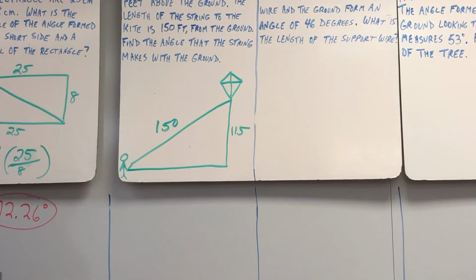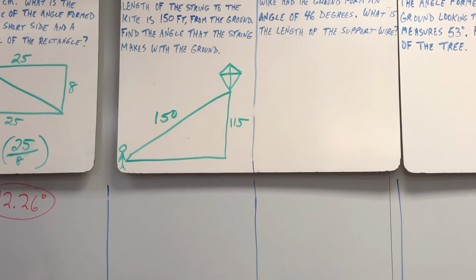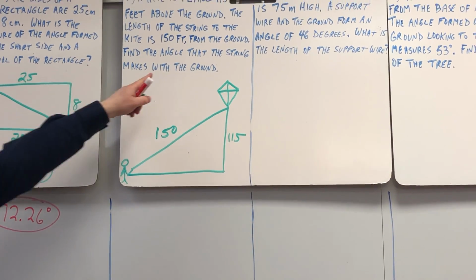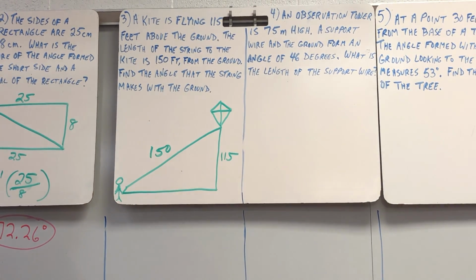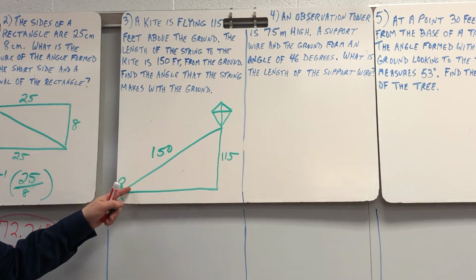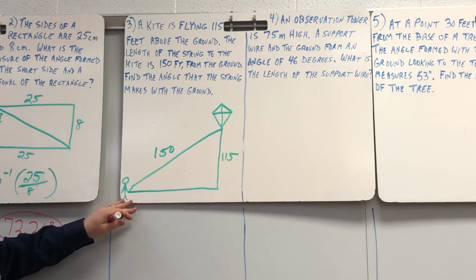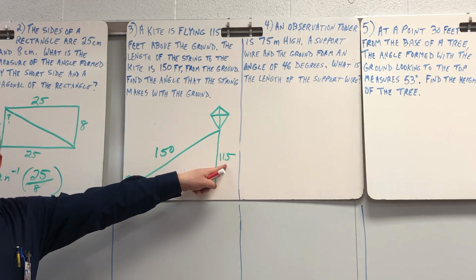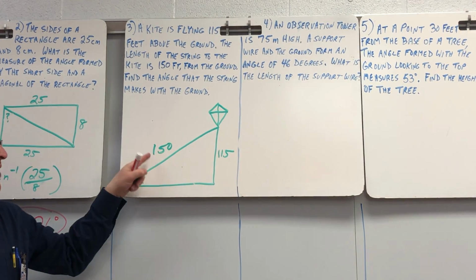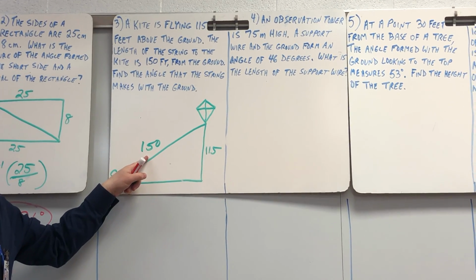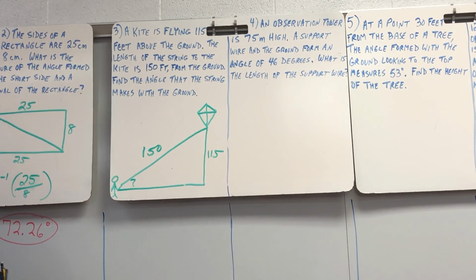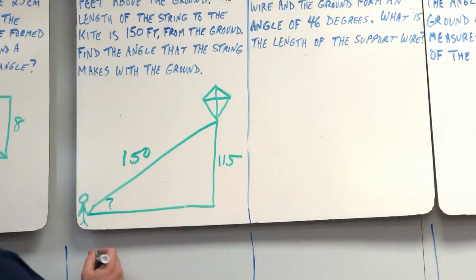Okay. That's okay. So now, find the angle that the string makes with the ground. Where's the string to the ground? Here, right? So, opposite, adjacent, or hypotenuse? Opposite. And this one is the hypotenuse. So, sine. But it's inverse sine, because we're looking for the angle, right?